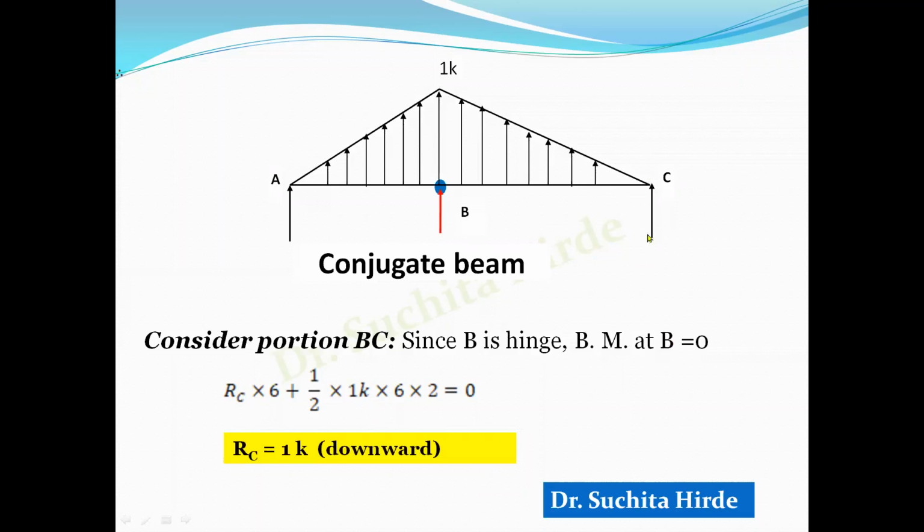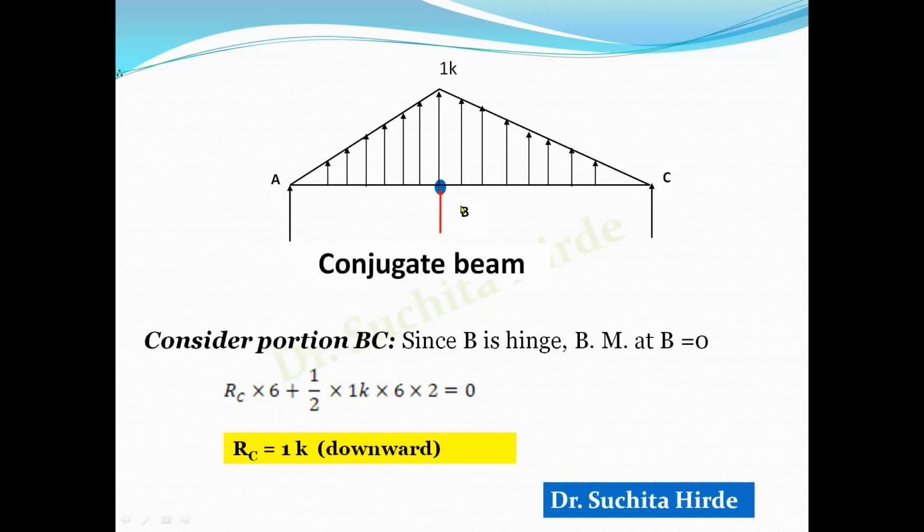So moment of this, that is RC into 6 plus half 1K into 6, this is the load on this triangular portion, which is area, multiplied by 1/3 of 6, meaning 2 meter. If you calculate this, you will get a negative value, RC is equal to 1K, and negative means downward. So now we have calculated RA and RC by considering bending moment at B equal to 0.